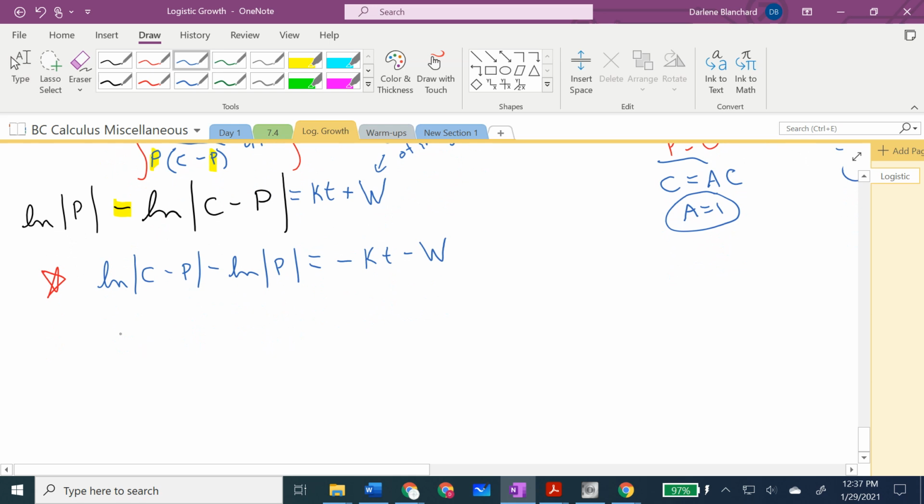Now, condense your logarithm. And the reason this makes algebra so much easier, distribute the division of P, and suddenly you no longer have 2 P's, only 1.